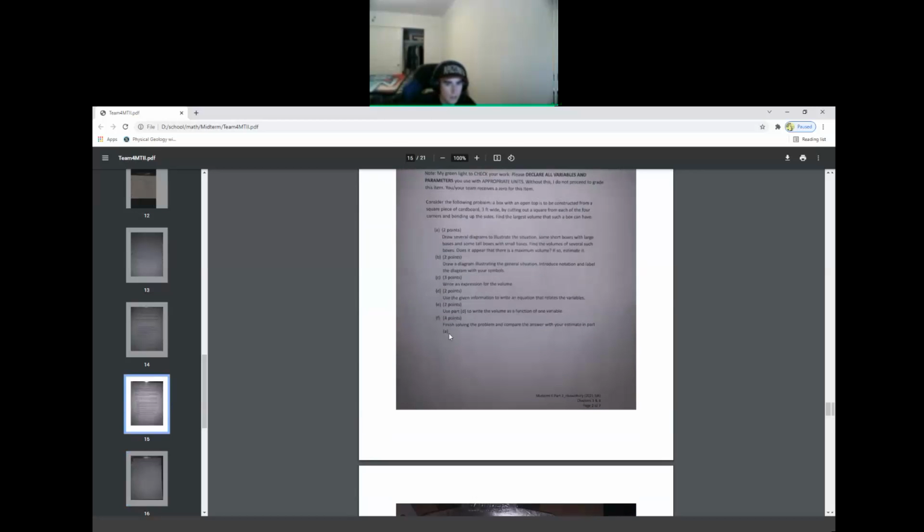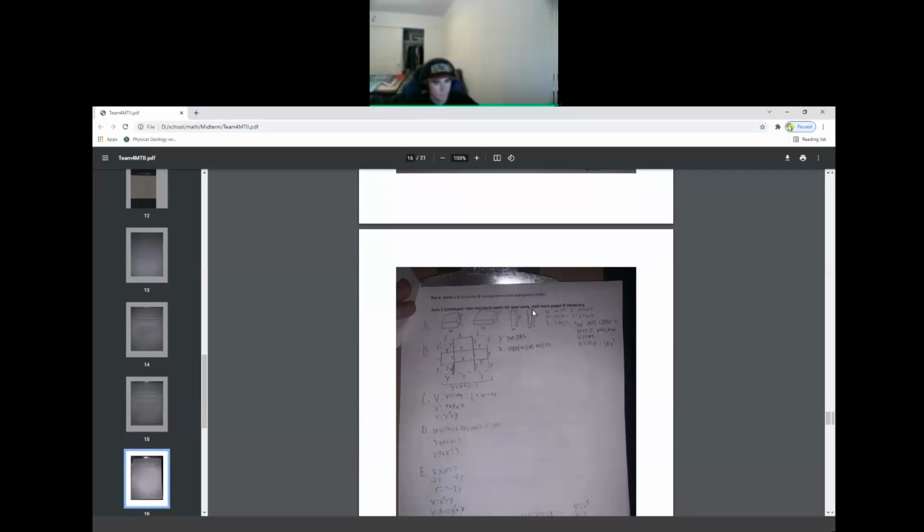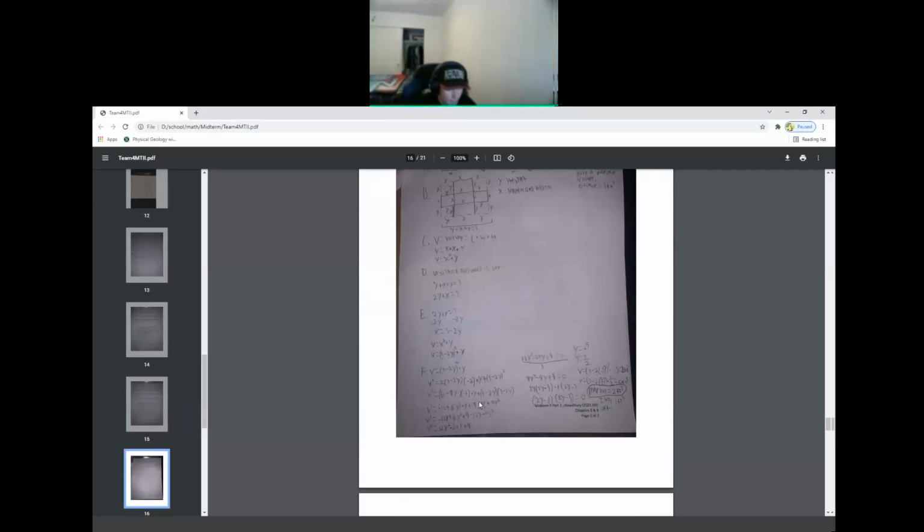So F. Finish solving the problem and compare the answer with your estimate. So in part F, I say that the volume is equal to the quantity of 3 minus 2y squared times y.